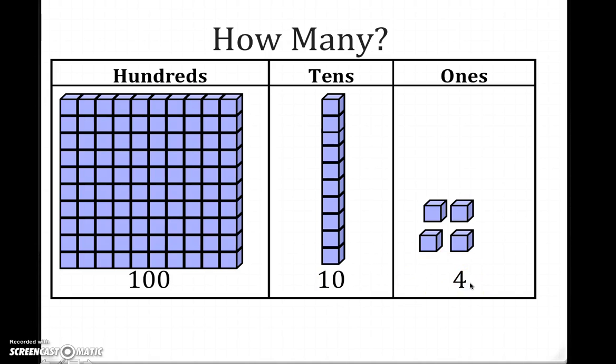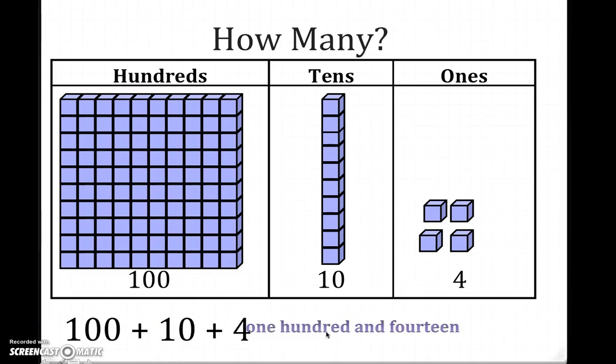So together, in expanded form, we add these numbers together. We have 100 plus 10 plus 4, and we write that number in word form. So we write 114, and then finally we have our standard form. And standard, remember, means like normal. This is how we normally see numbers, 114.